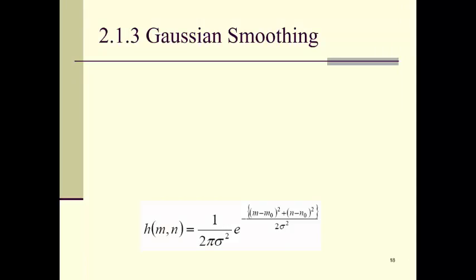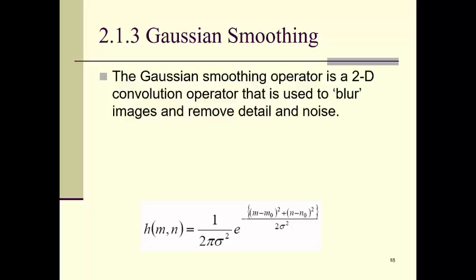But let's look at the Gaussian smoothing. It is somewhat similar to the averaging, but here the weights of the different points in the kernel will be different. The center point will have the maximum weight, and as I go further away from the center point, the weight will decrease, according to this relationship. You know the Gaussian distribution has a bell-shaped curve.